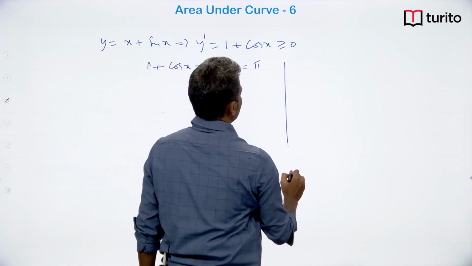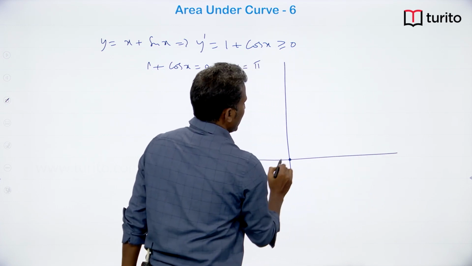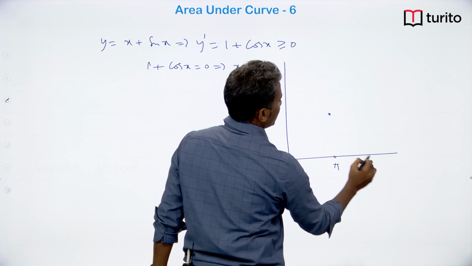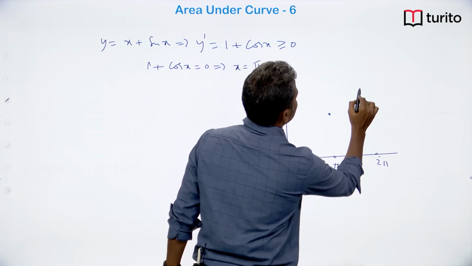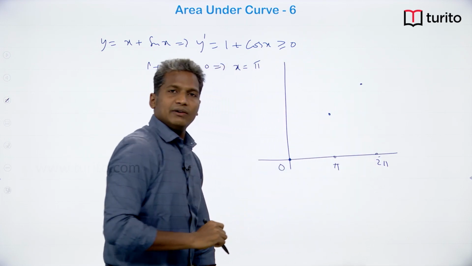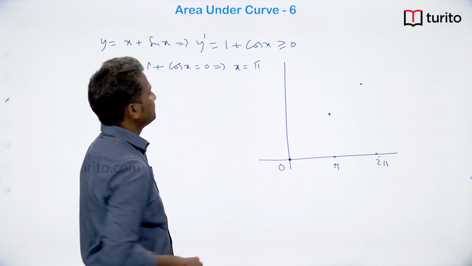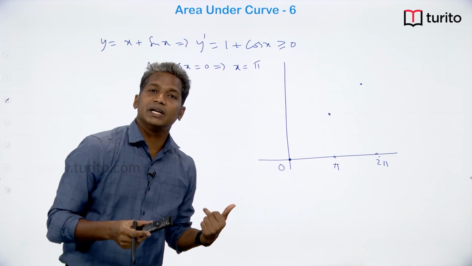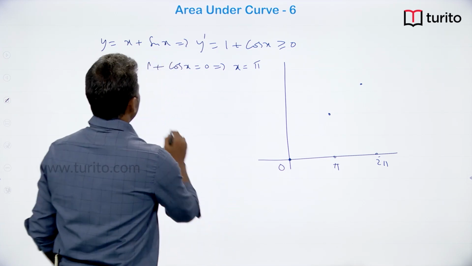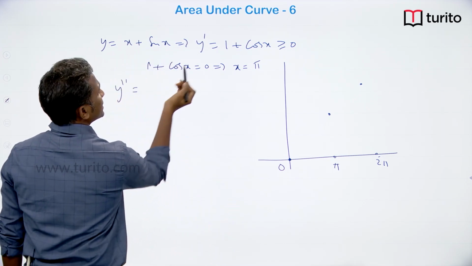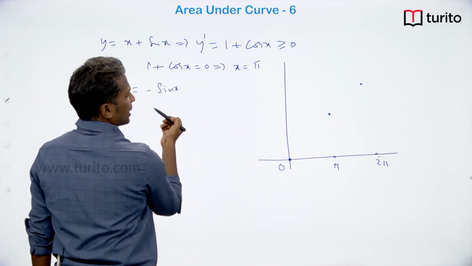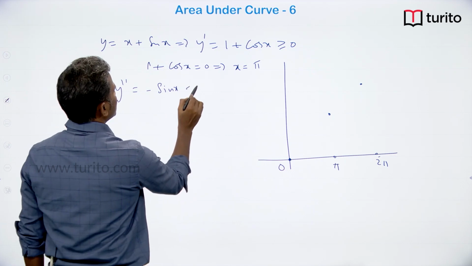So using this also we can draw the graph. So at 0 the value must be 0, at pi the value must be pi, at 2 pi the value must be 2 pi, and the function is strictly increasing initially. And also you can check the double derivative and see if it is convex or concave. Suppose I go for y double dash, I will get minus sin x, and from 0 to pi, this is going to be negative.